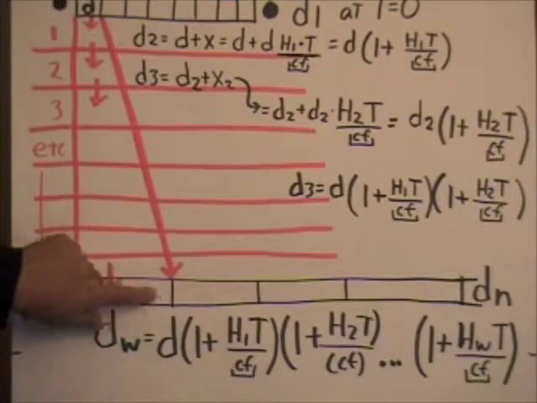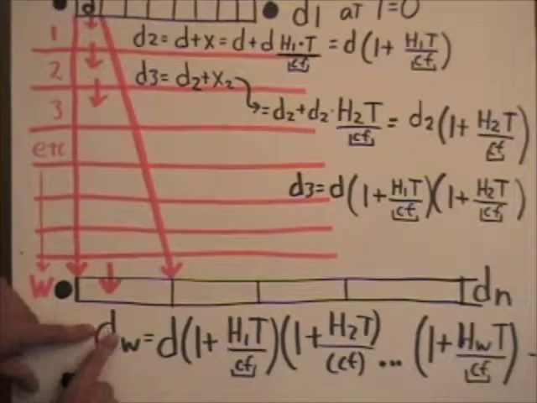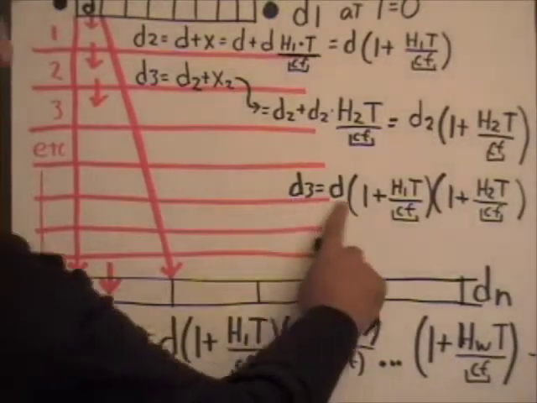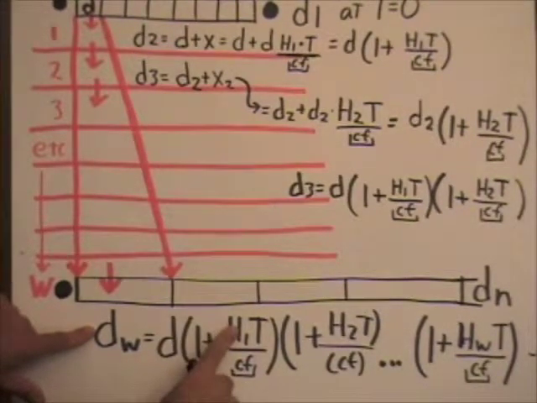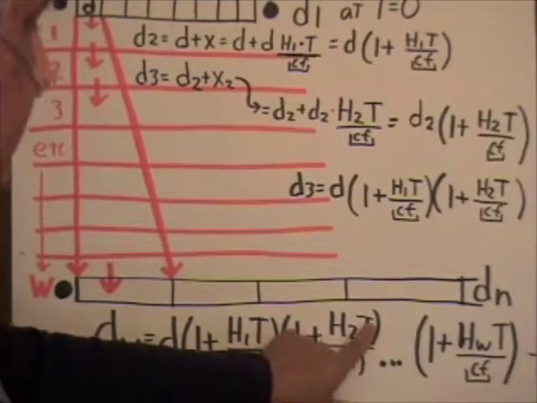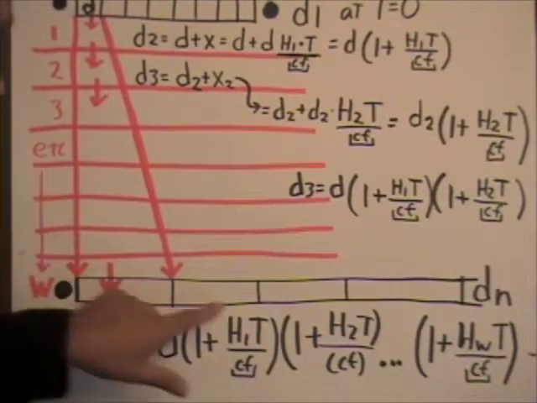And the formula for the length at the end of the last slice of time is going to be the same as this, just for more slices. So it equals d times 1 plus h1 times time over the conversion factor, times 1 plus h2 times time over the conversion factor, and so on for each of these slices of time.